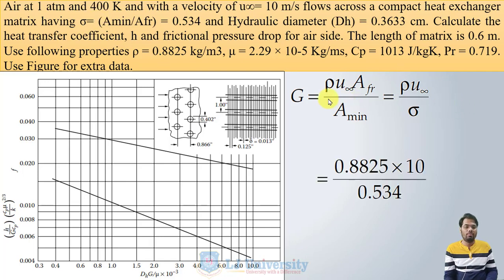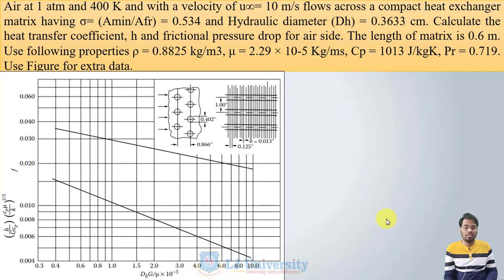Now putting in the values: density 0.8825 into velocity 10 meter per second, so U infinity is equal to 10, and sigma is 0.534. Solving, we get G as 16.53 kg per meter square second.